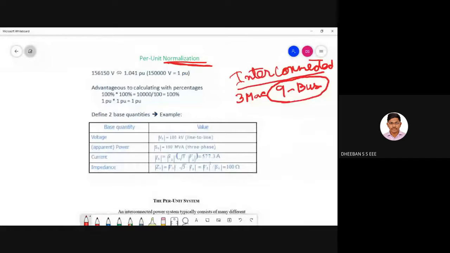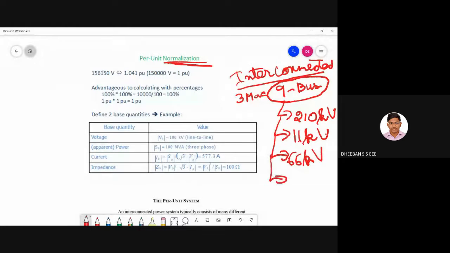Some of these 9 buses will have a rated voltage of 210 kV. Yesterday itself I showed you that some of the buses will have a rated voltage of 11 kV, some might have about 66 kV, and even some around 44 kV.